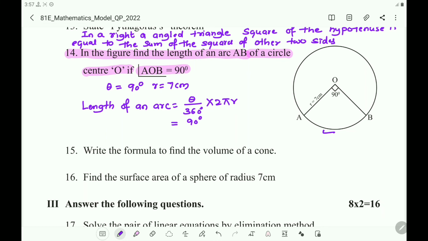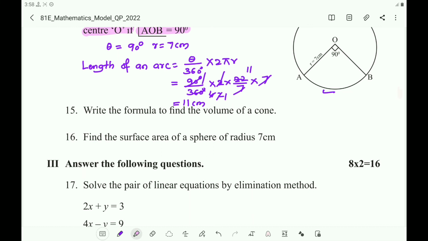So you take 90 by 360 into 2 into 22 by 7 into 7. The 7 cancels, and 90 ones are 90, 4 nines are 36, again 2 ones are 2, 2 twos are 4, then 2 ones are 2, 2 elevens are 22. So finally you get 11 centimeter. Length of the arc is 11 centimeter.